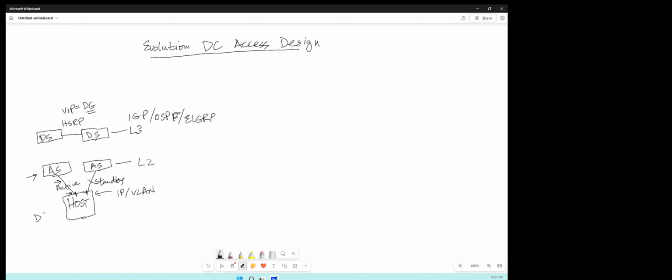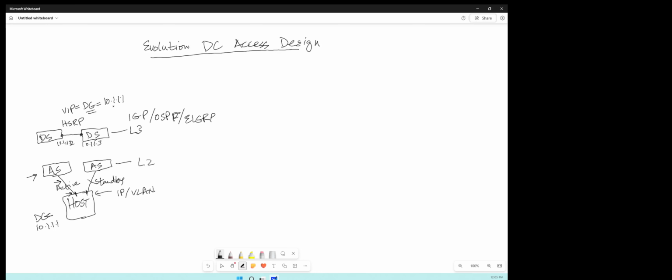He's got a default gateway, let's just say is equal to 10.1.1.1. So this virtual IP would be 10.1.1.1. But in actuality, the physical interfaces with HSRP would be 10.1.1.2 and 10.1.1.3.